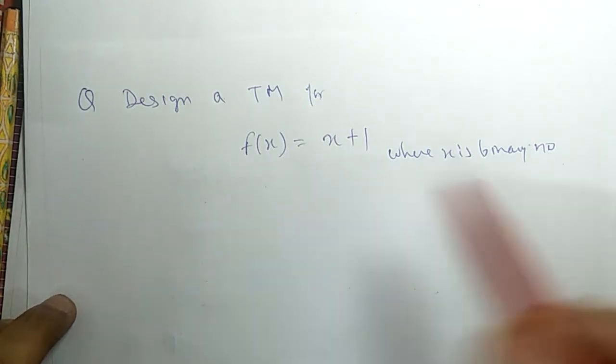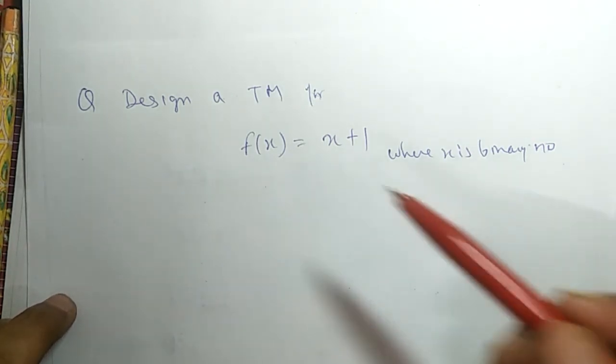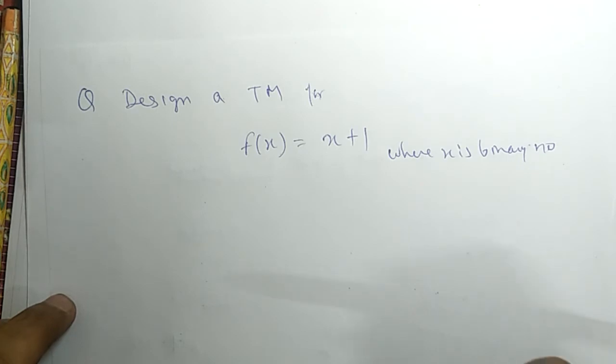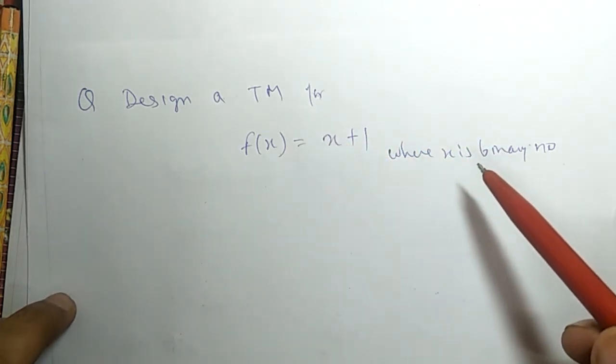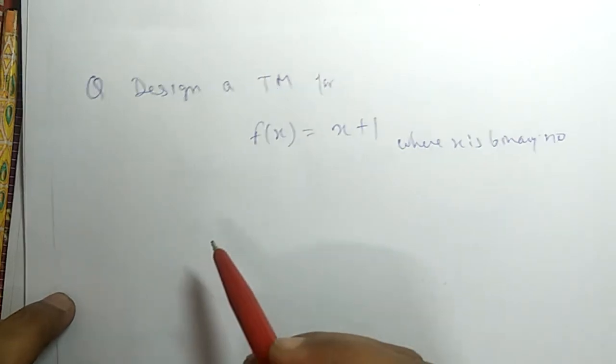This example differs from the one we took in the last lecture, where we took x as a unary number. Now x is a binary number.